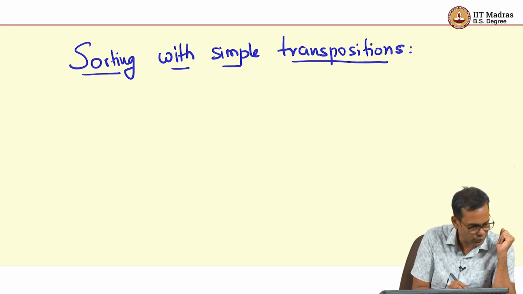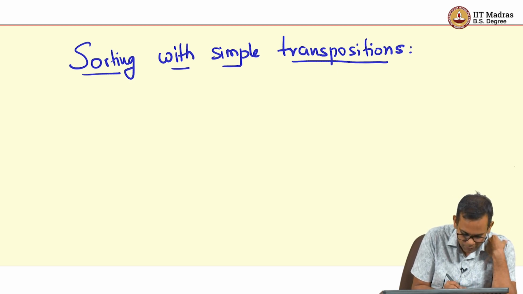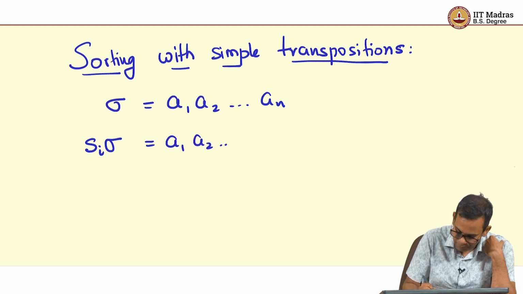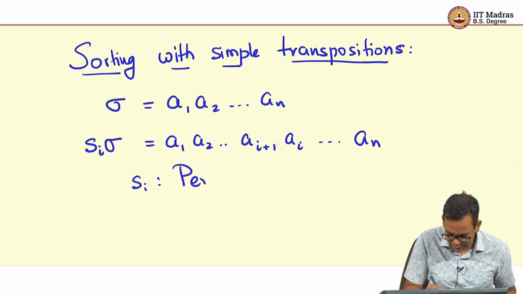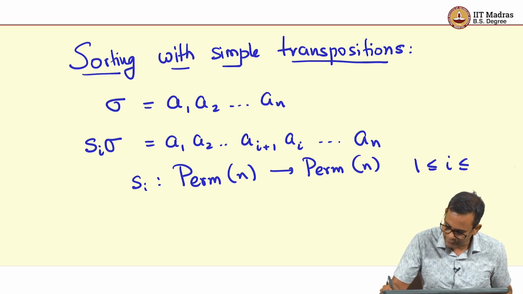It's related to the permutation, which is a simple transposition, but let me not get too much into that. So if I have a permutation sigma = a_1, a_2, ..., a_n, I will say s_i sigma. This is a new permutation where I take a_1, a_2, ..., but I interchange a_i and a_{i+1}. Okay, so you can think of this as an operation from permutations to permutations, and you can do this for any i between 1 and n minus 1.